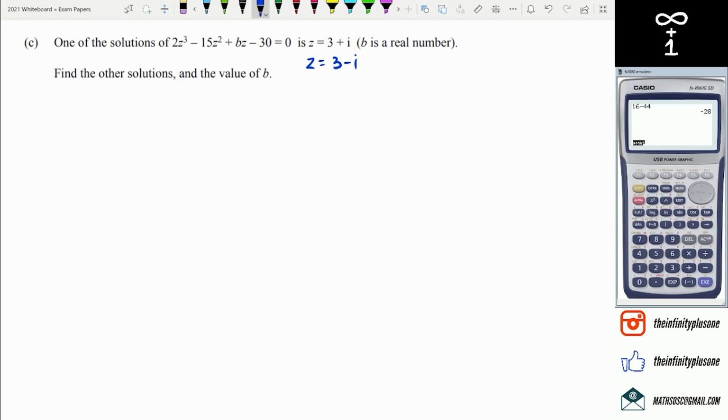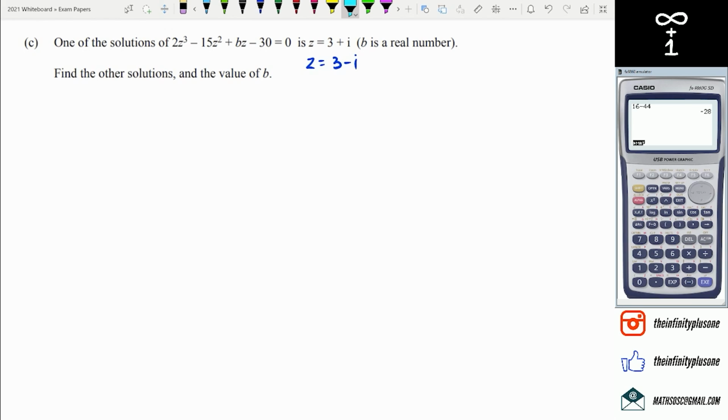This is just one of those things that you pick up with complex numbers, which means we can actually rewrite this whole equation now. There are so many ways of doing this. You can actually do this straight in the calculator and figure out what b is. It's a little bit trickier, I guess, for this question. But again, I'll show you guys some of the things.